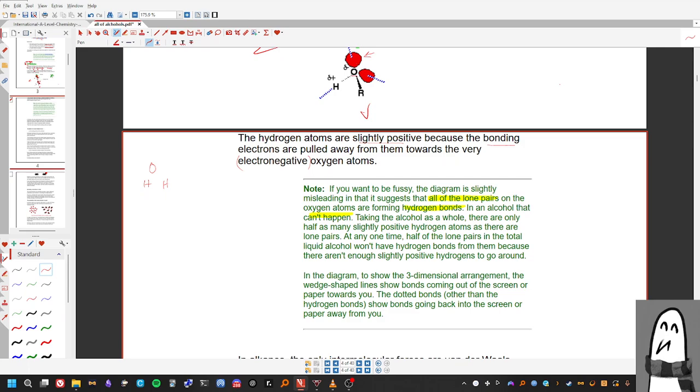At any one time, half of the lone pairs in total liquid alcohol won't have hydrogen bonds from them because there aren't enough slightly positive hydrogens to go around. So you need to know that there's not enough slightly positive hydrogens for it to happen.